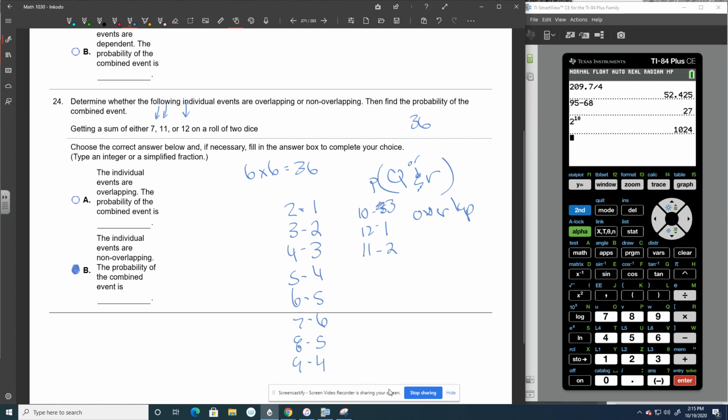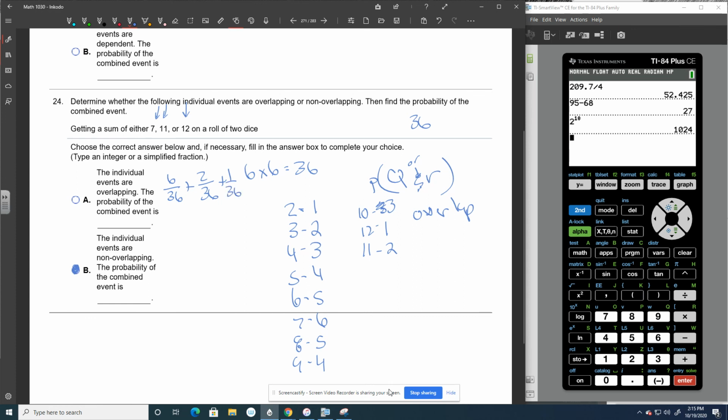If you don't know those things, you're going to have to add them all up. Okay. But I know that 7, there's 6 different ways to get a 7 out of 36 rolls. And to get an 11, there's 2 different ways out of 36 rolls to get an 11. But there's only one way out of 36 rolls to get a 12.